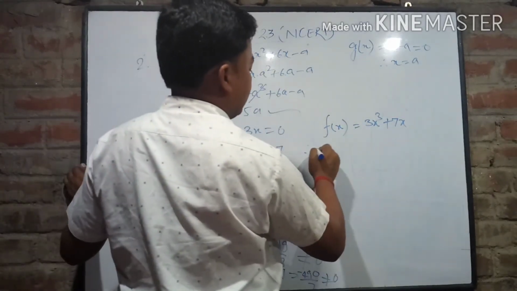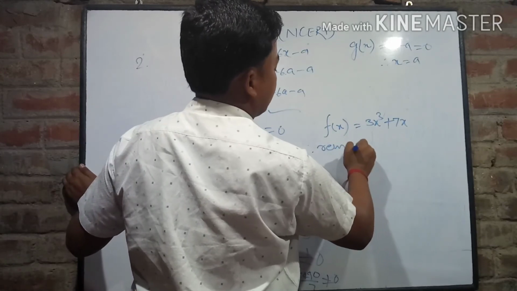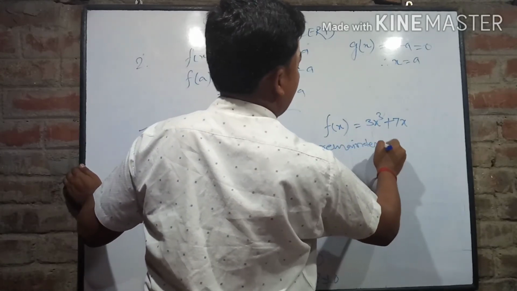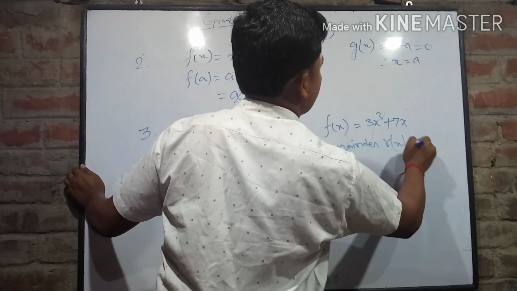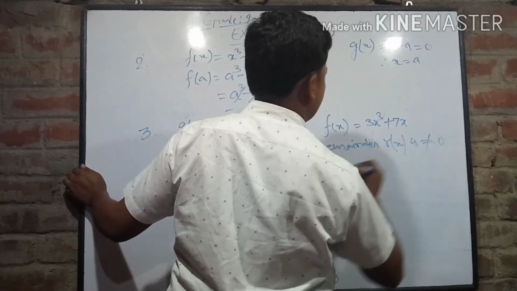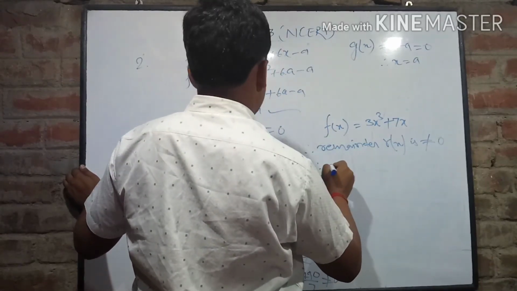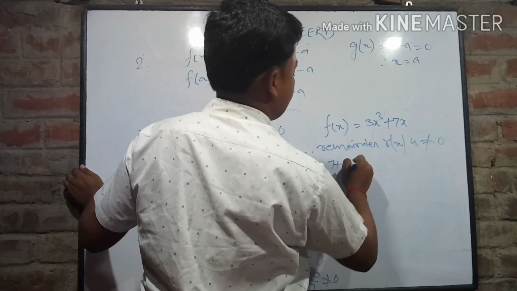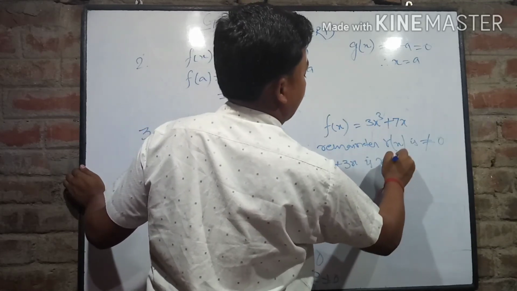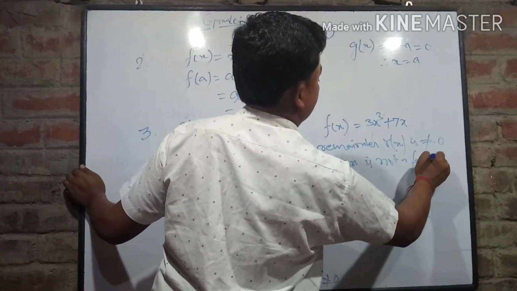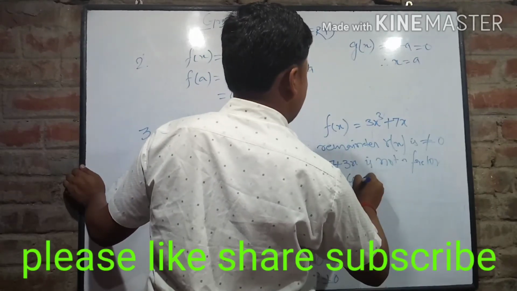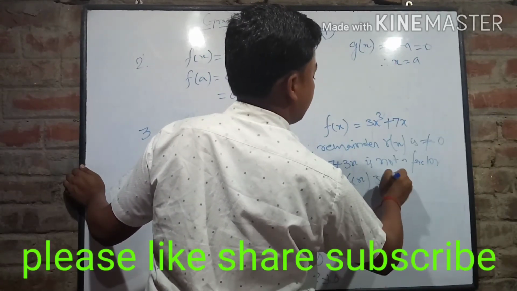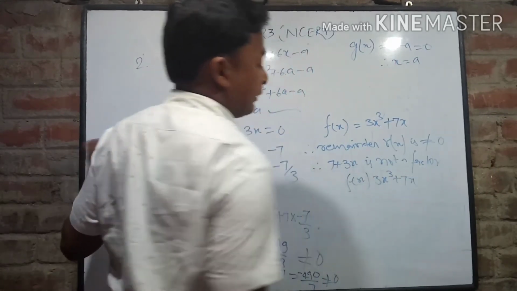And since the remainder, or R(x), is not equal to 0, 7 plus 3x is not a factor of polynomial 3x cube plus 7x. Thank you.